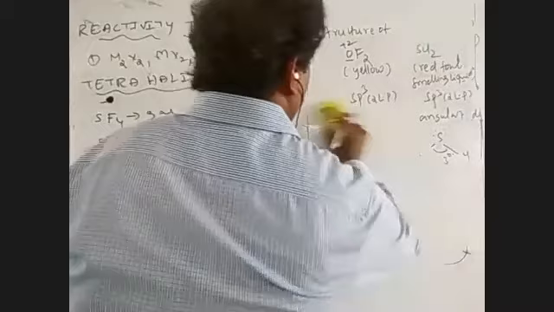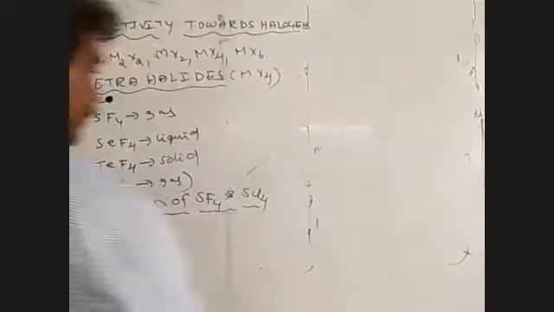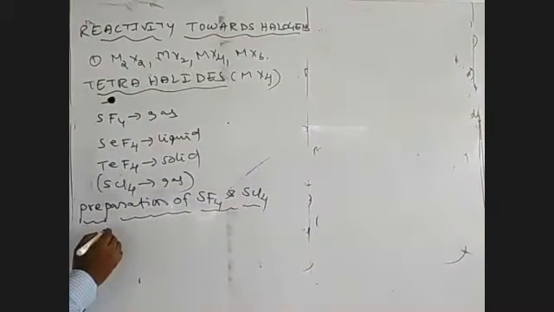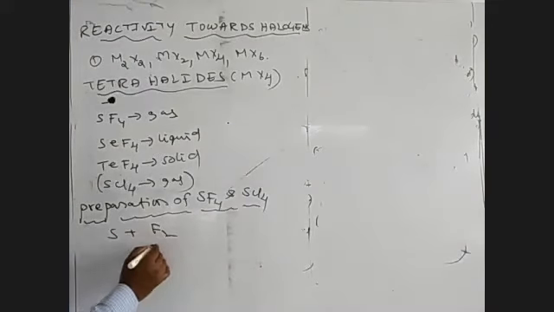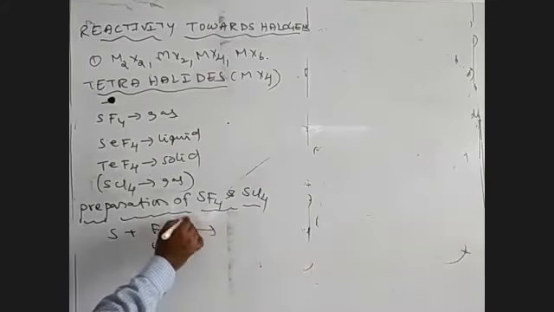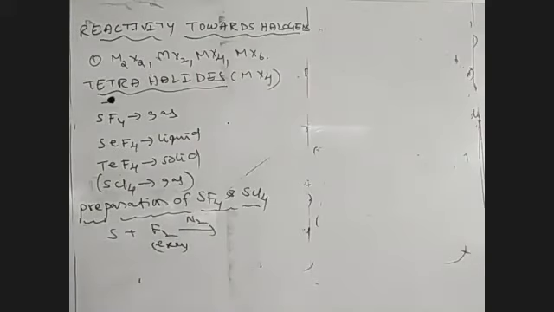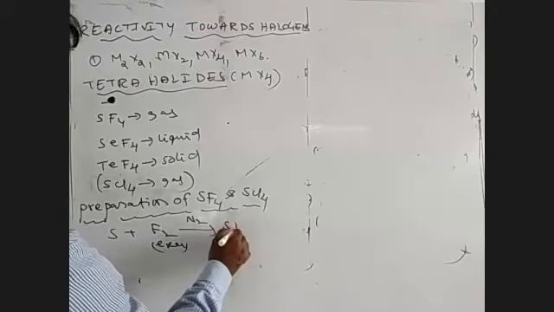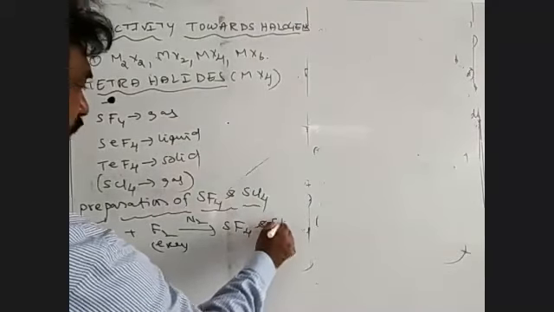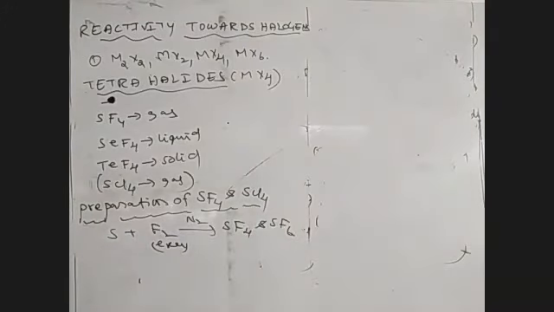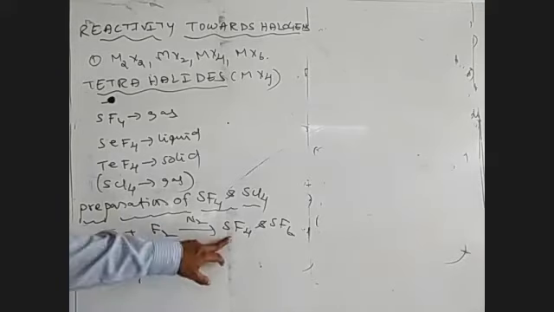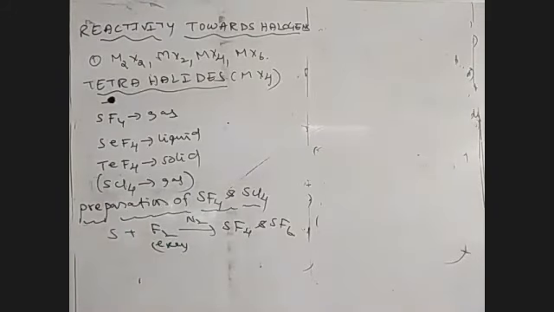Sulfur tetrafluoride can be prepared when sulfur reacts with excess F2 in an atmosphere of nitrogen. Two compounds, SF4 and SF6, can form. SF6 is called sulfur hexafluoride and SF4 is known as sulfur tetrafluoride. Here, S plus excess F2: SF4 is first formed, then it is converted to SF6.